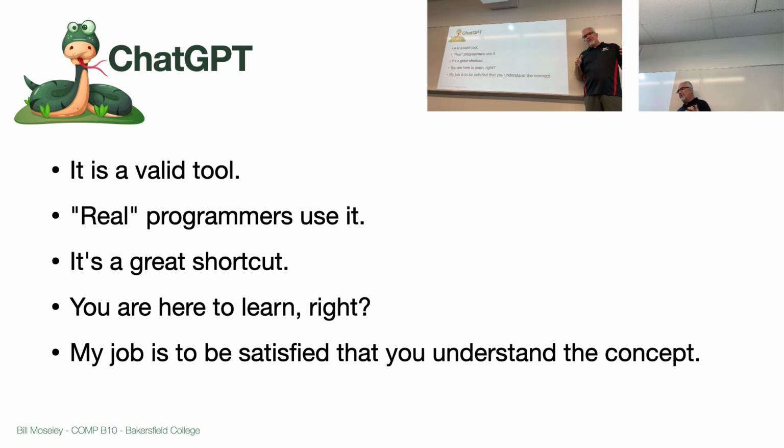ChatGPT, for those of you that don't know how it works, is a much overhyped but still very cool and very useful tool that uses artificial intelligence to generate written language.